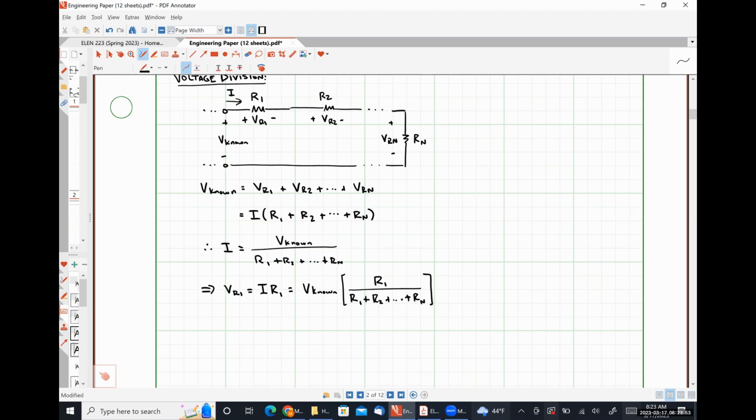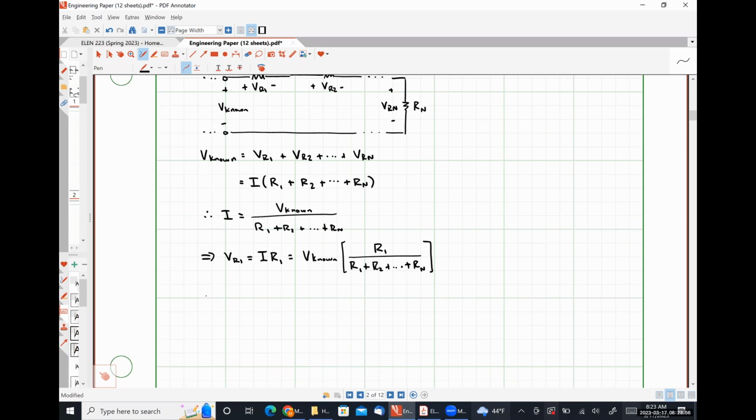So voltage division in general says that the voltage drop over the ith resistor is going to be the known voltage times the ith resistor over the sum from i equal to 1 to n. Actually, let me change these notations because there's too many i's and it's going to bother me.